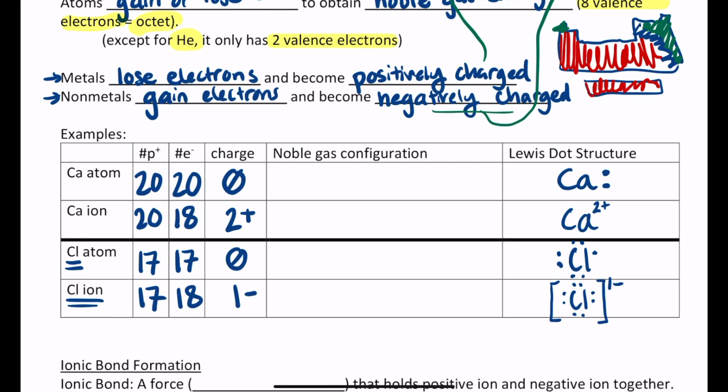So if we were to draw the electron configuration of what that looks like, for calcium, we might say argon comes before calcium, and then we had 4s2 as the noble gas electron configuration.